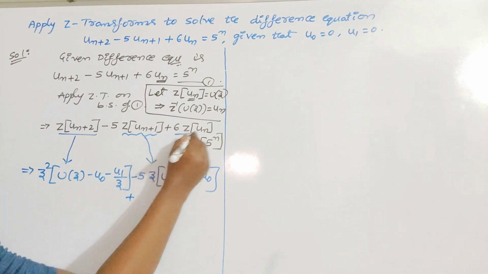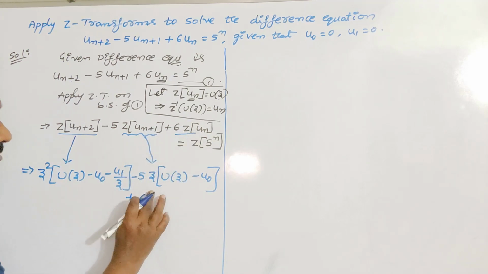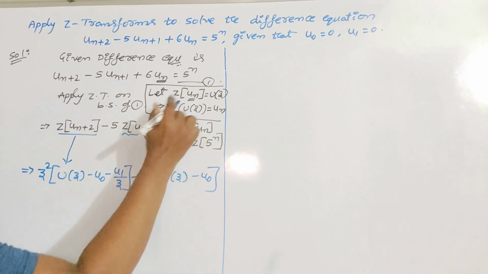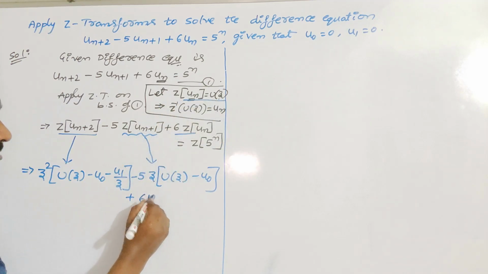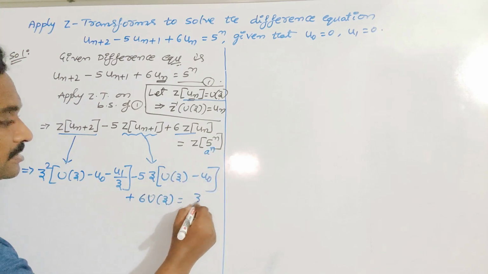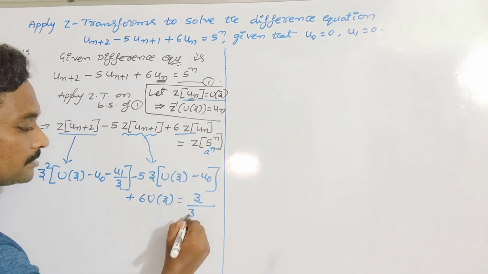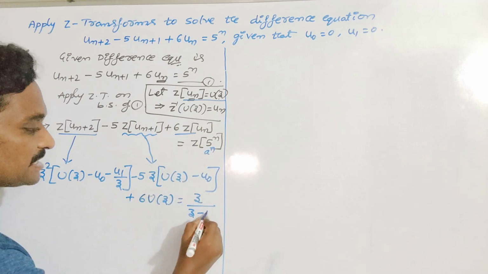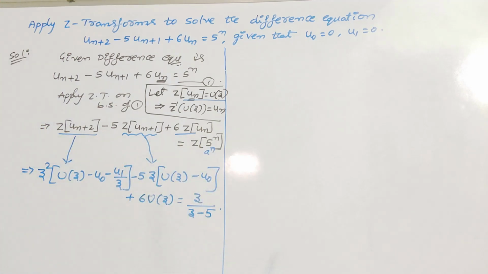The last term on the left side is 6 into Z transform of un, which is nothing but U of z. This is equal to, since it is in the form of a power n, z by z minus a, where a is the base value, which is 5. We have to write this formula very carefully.